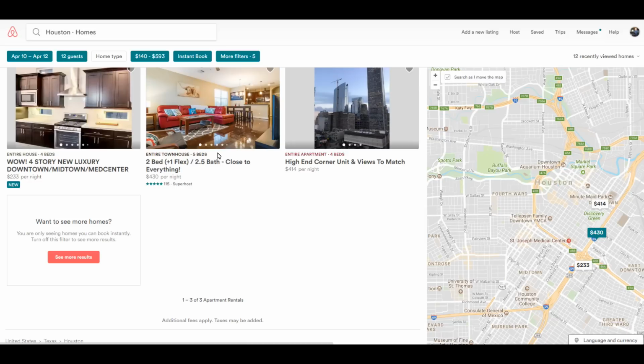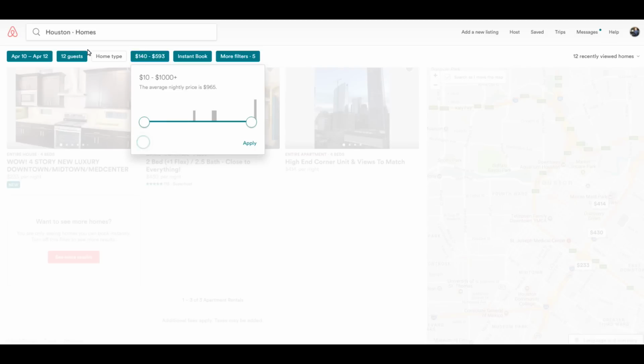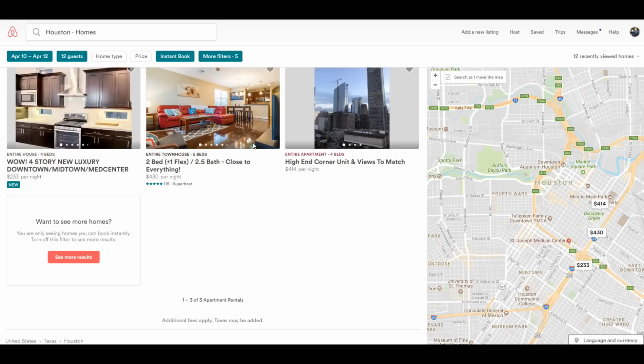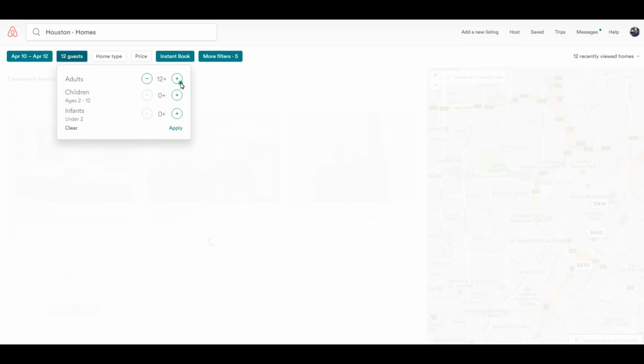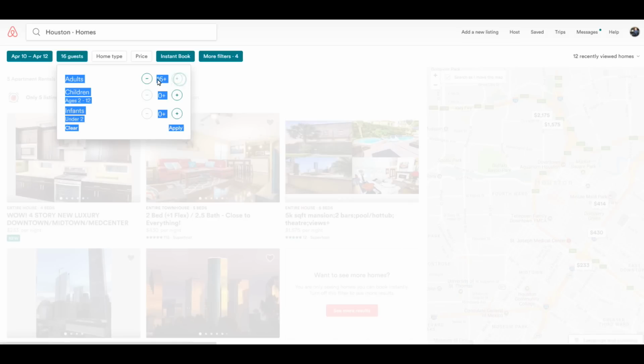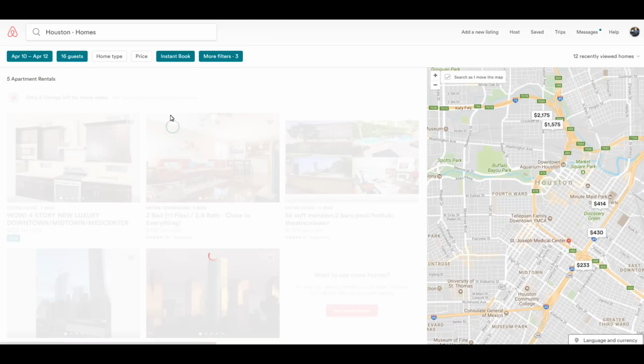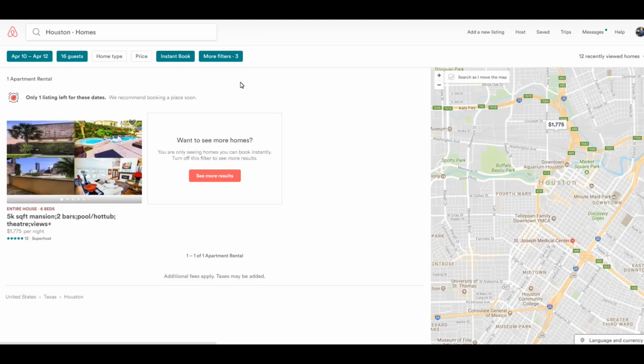I'm going to show you one last thing as far as this goes. Let's move it to 16 persons. Regardless of price, there's one place that can handle 16 persons in this neighborhood, and they're charging almost $2,000 a night.